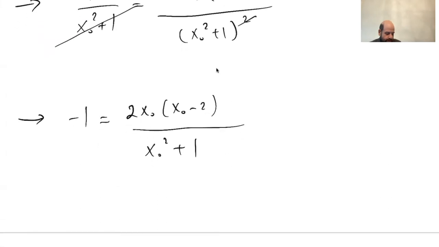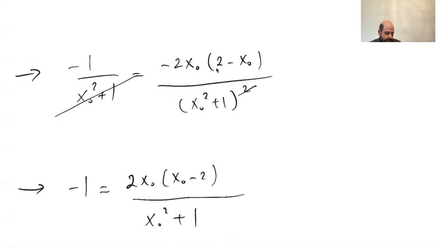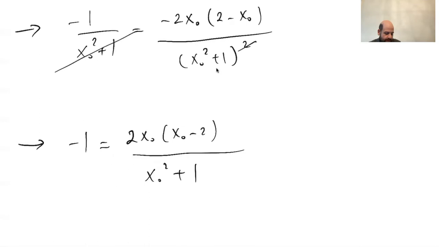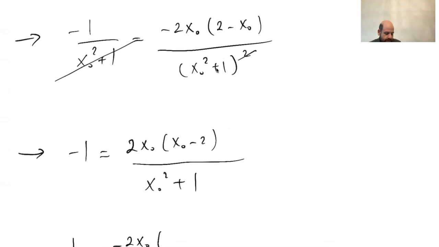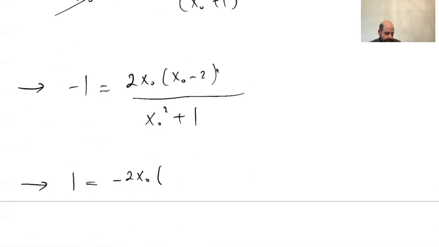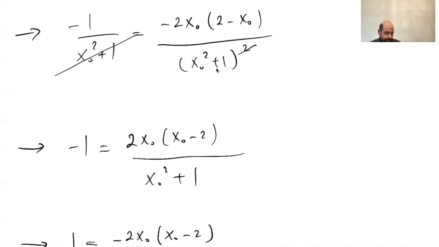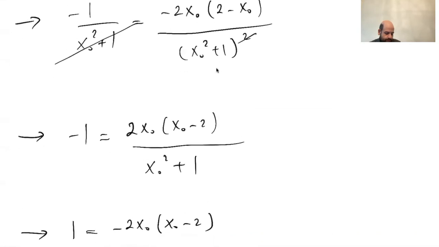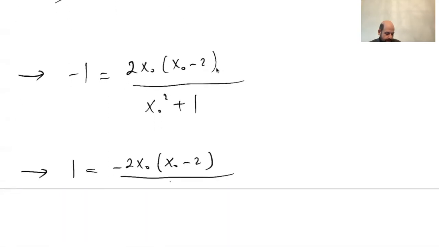Then I can multiply both sides by minus 1 again. And then I'll get 1 equals minus 2x0 times x0 minus 2, then divided by x0 squared plus 1.